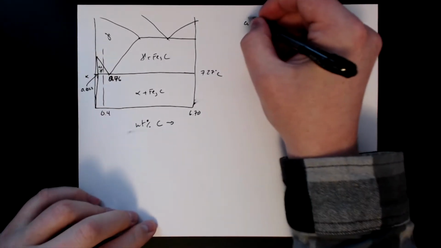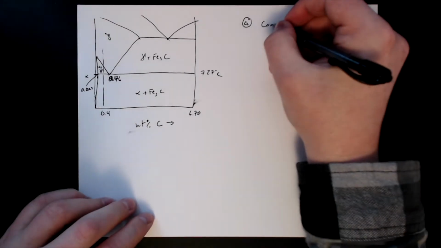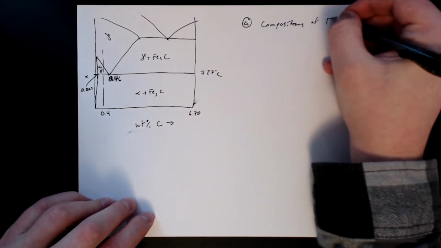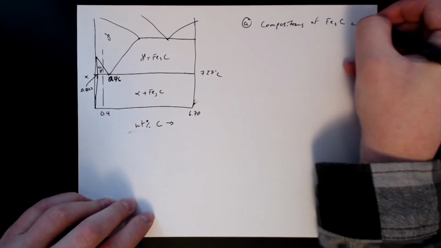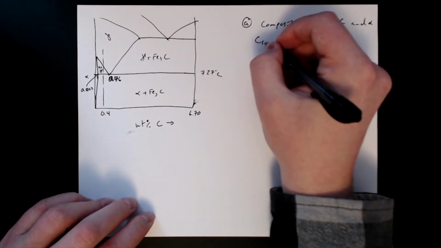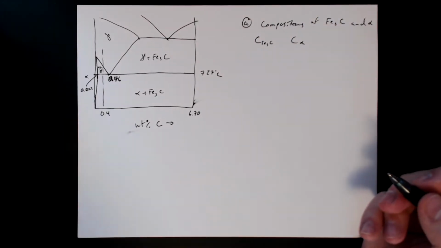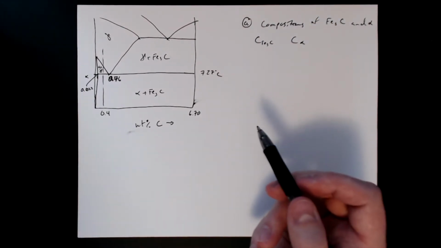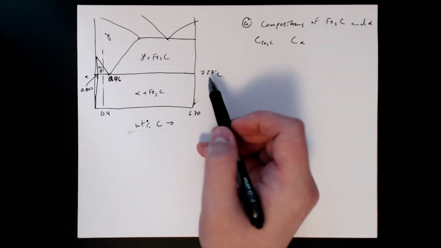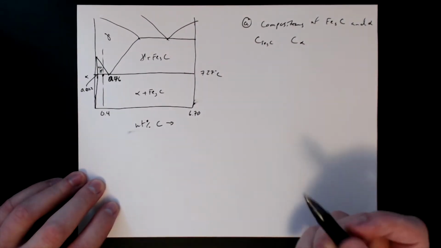So part A is basically asking us for the compositions of Fe3C and alpha, so we're looking for C Fe3C and C alpha. The question tells us we're at a temperature just below the eutectoid, so just below 727. That would mean that we're basically right here, that little dot.